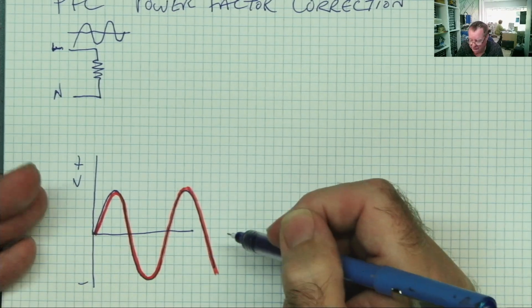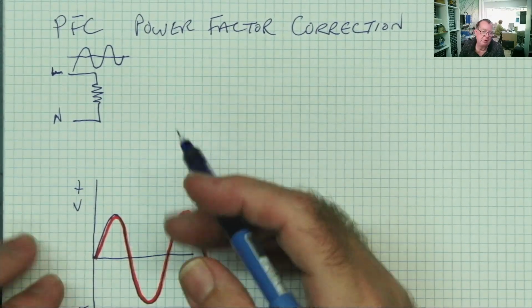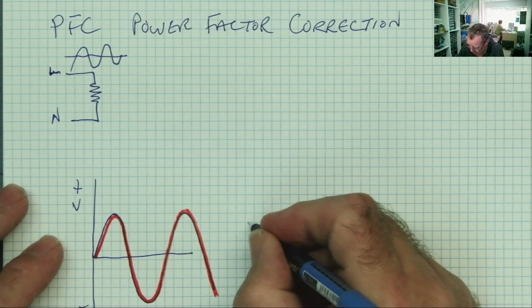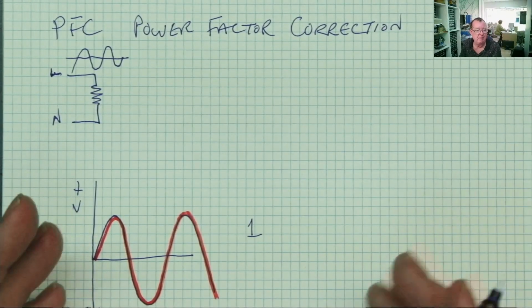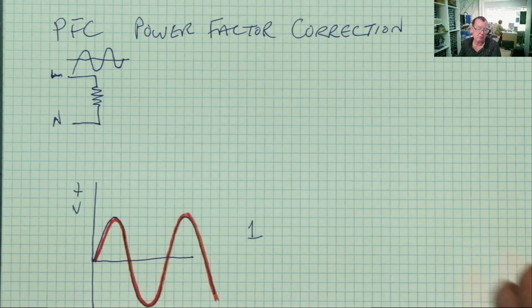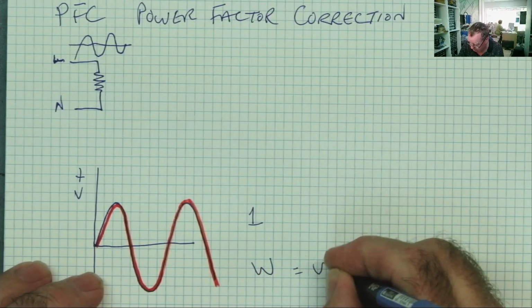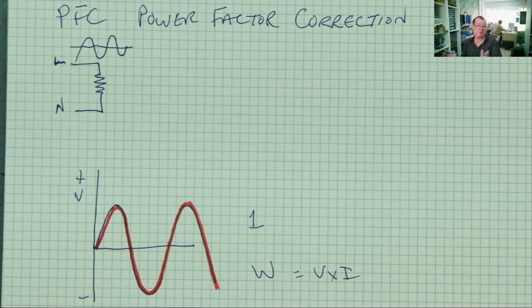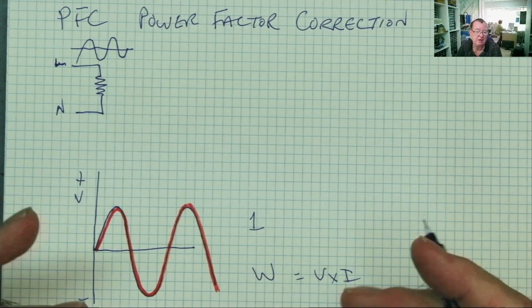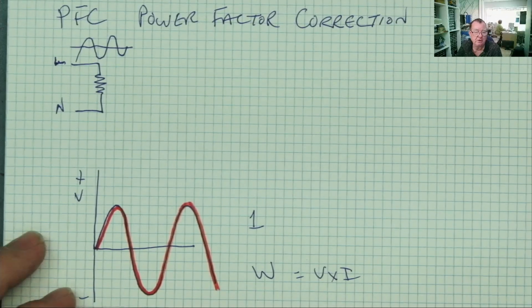And this is known as the power factor. So here the power factor is 1. All the energy going in is being used in current, and watts, which is power, equals voltage times current. Okay? So for a resistive load, the power factor is 1. All the energy is being used.